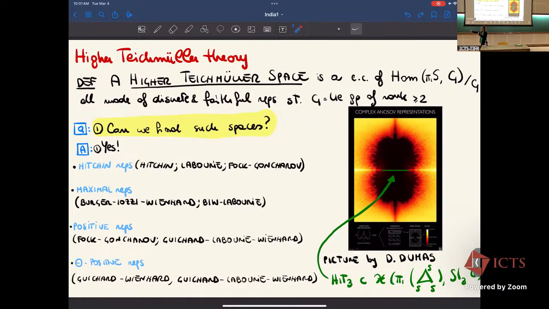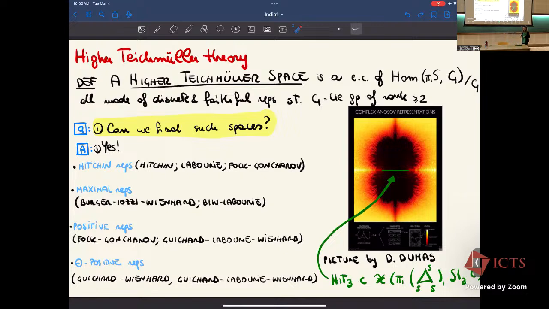These define Fuchsian representations in this higher rank setting. And then the Hitchin component is really the full component that contains Fuchsian representations, like all the deformations of these Fuchsian representations. This was not the definition that Hitchin gave.